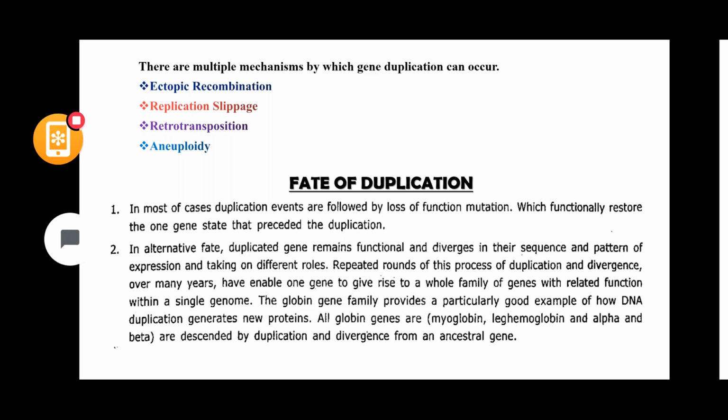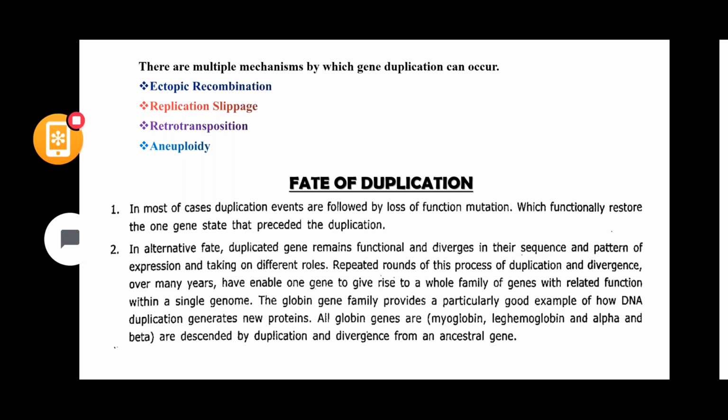Now the second fate of duplication is what? In this, the duplicated gene remains functional, but the sequences diverge from the parental sequences, and this leads to different physical properties.